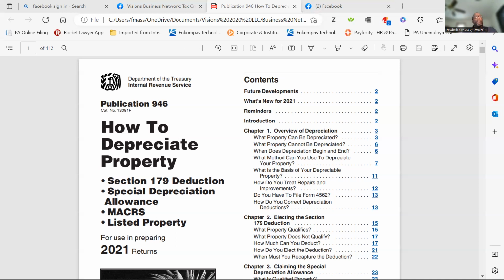Well, if you do MACRS, modified accelerated cost recovery, there's a table within this publication you can look at that will say, if this is an asset like a computer and its useful life is 4 years or so, you can accelerate that depreciation.